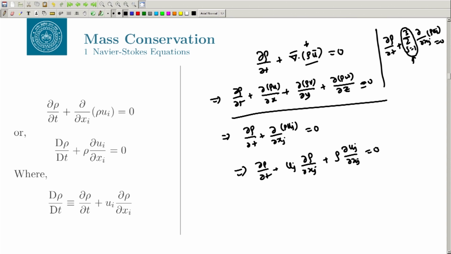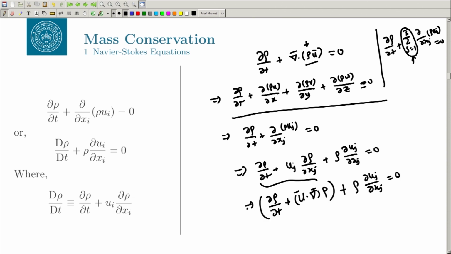Now, what is this quantity? In vector notation, you can write it as del rho by del t plus u dot del rho, and plus rho del u j by del x j. I am sure you have seen this kind of expression.